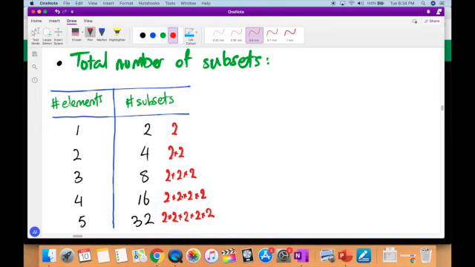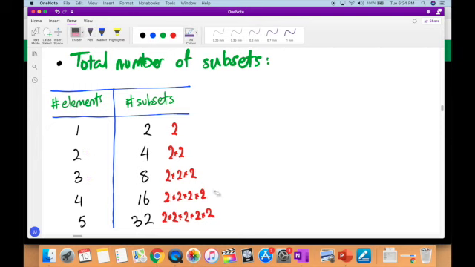So obviously we can see that there is a pattern there, right? The pattern is, if you look at it, the amount of elements that you have is the amount of 2's that you have. Yeah? So if I have 2 elements, I have 2 2's. If I have 3 elements, I have 3 2's. If I have 4 elements, I have 4 2's.